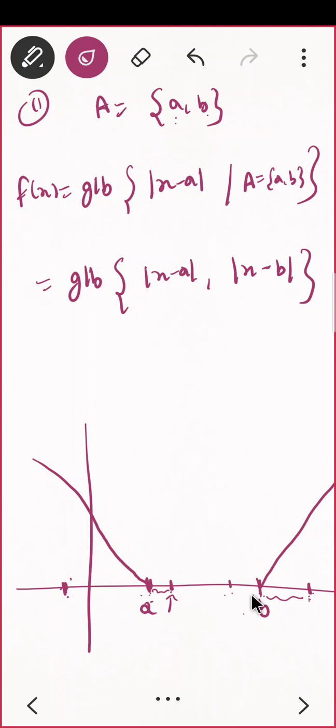This. So definitely there will be a midpoint, correct, at which both are having same distance. So for this the distance would be something like this, and for this distance would be something like this. And this point, which is the edge, that will be your a plus b by 2.